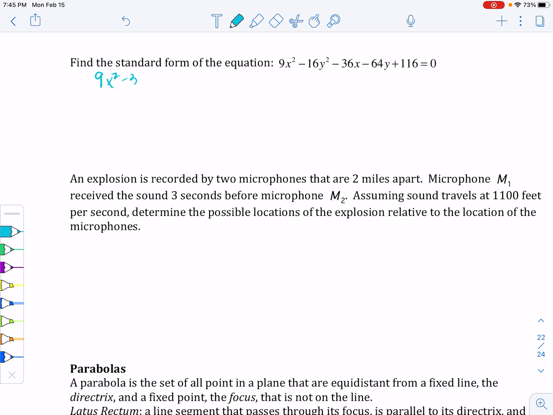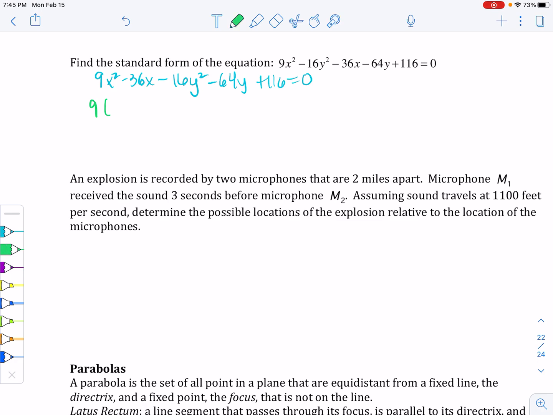So 9x squared minus 36x, and then plus, oh, just kidding, it's a minus 16y squared minus 64y, and then plus 116 equals 0. Okay. So when we take the 9 out, remember there's something in front of the x squared that you have to divide out of both of these terms.